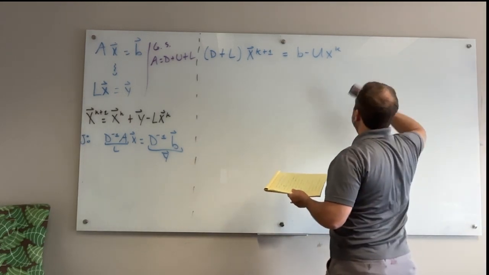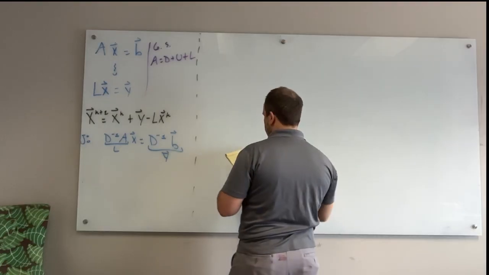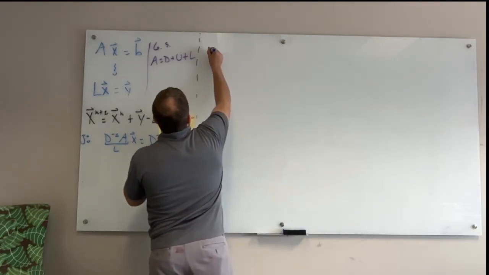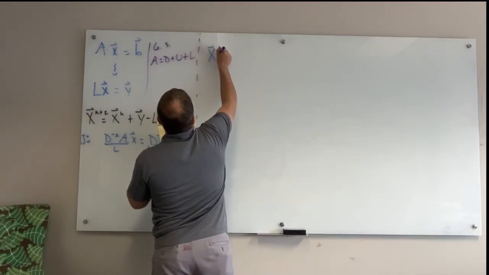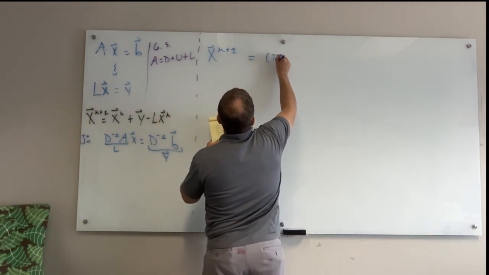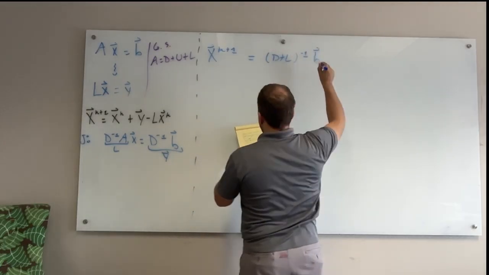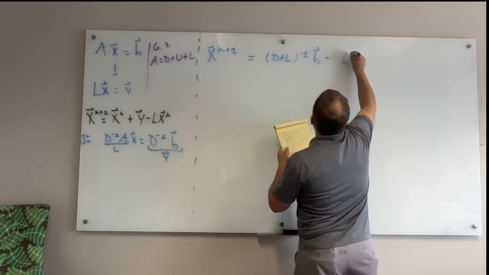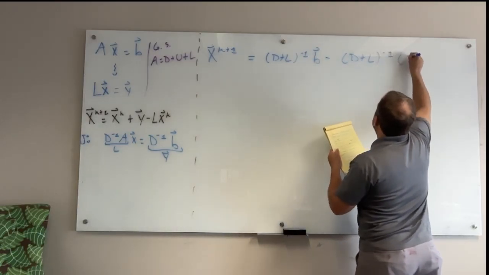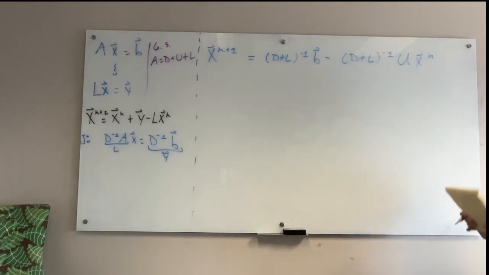Since I don't have enough room to write everything over here, I'm just going to rewrite it by multiplying both sides by the inverse of D plus L. When we do that, we get that x_{k+1} is equal to (D+L)^{-1} b minus (D+L)^{-1} U x_k, like this.